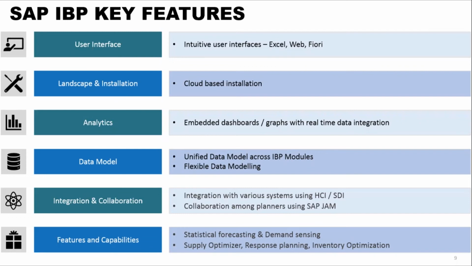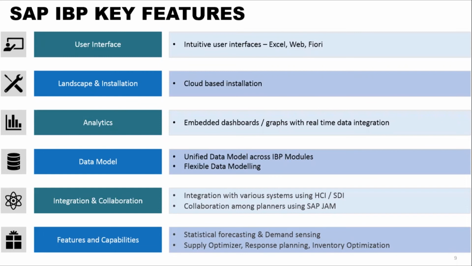And then when it comes to the data model, we have a unified data model and flexible data modeling. A unified data model is like, for example, you want to do all kinds of planning in one model itself. You can do that.